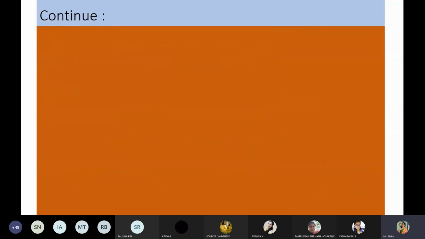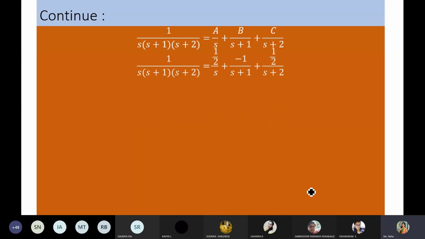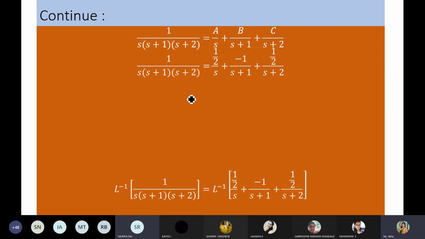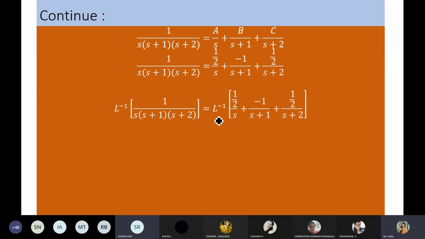Now substitute the values for a, b and c: a is 1 by 2, b is minus 1, c is 1 by 2, and then take the inverse for the entire left hand side and right hand side.